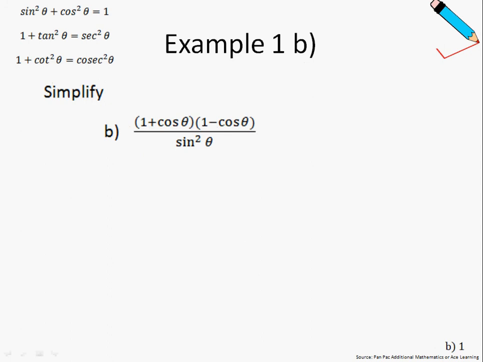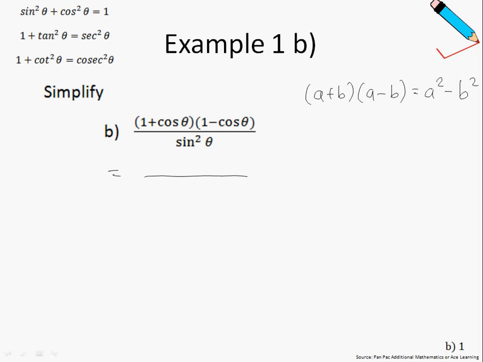In this expression, I'm asked to simplify what I see over here. In the numerator, recall that a plus b times a minus b is simply a squared minus b squared.